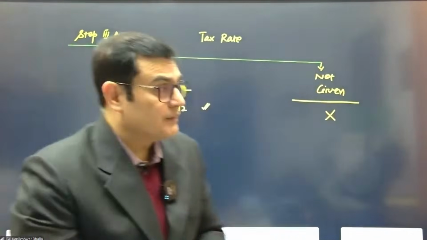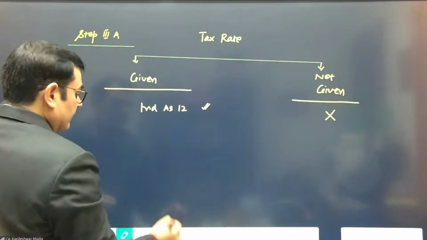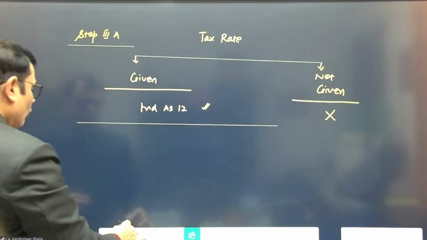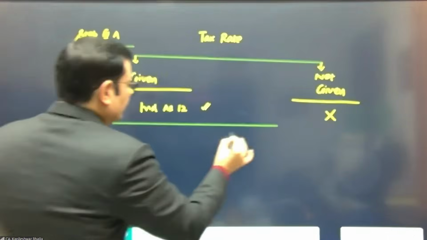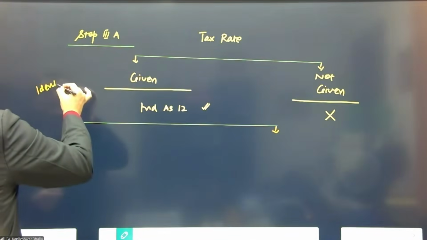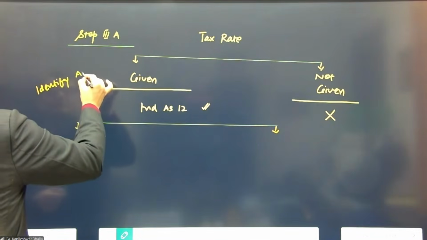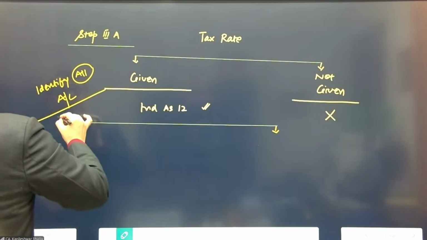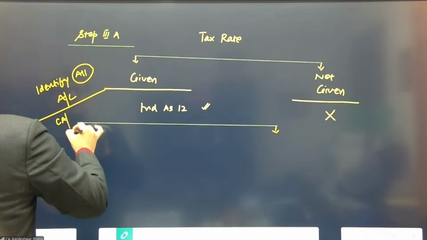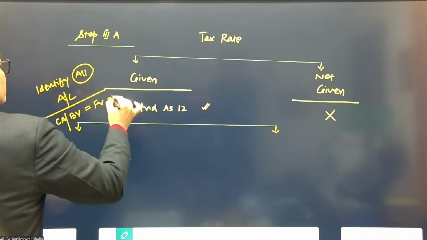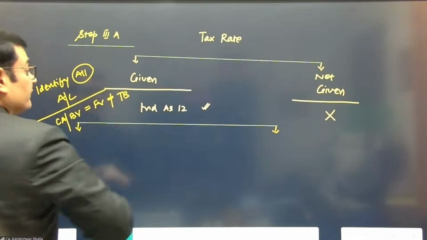So what do you need to do in this particular case? We need to identify all those assets and liabilities whose carrying amount, that is the book value, which is equal to fair value, is not equal to the tax base.